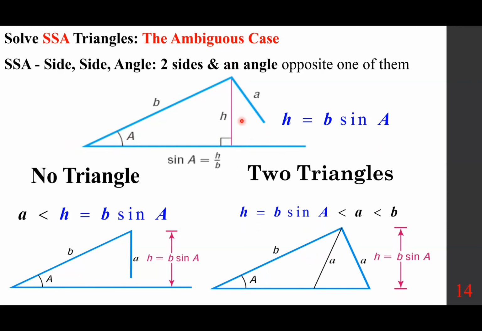If H, which is B sine A, is less than A, and A is less than B, there are two possibilities. There are two triangles. We will see that when we look at examples for ourselves.